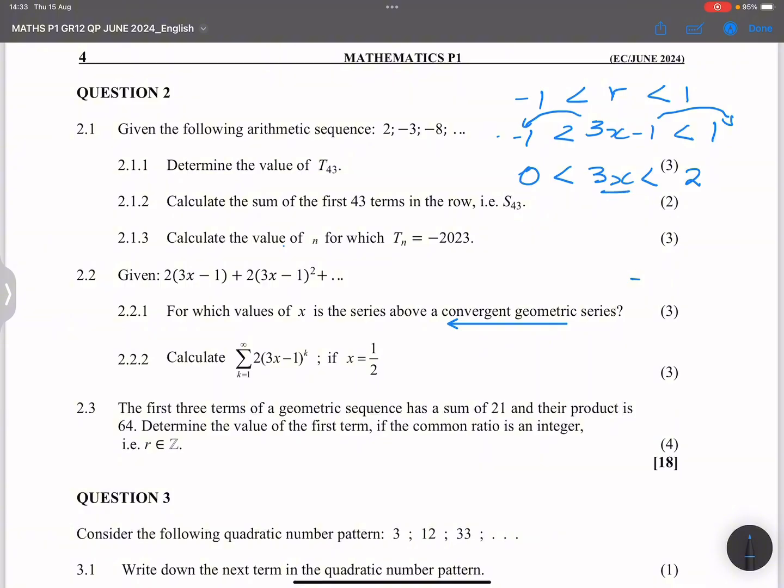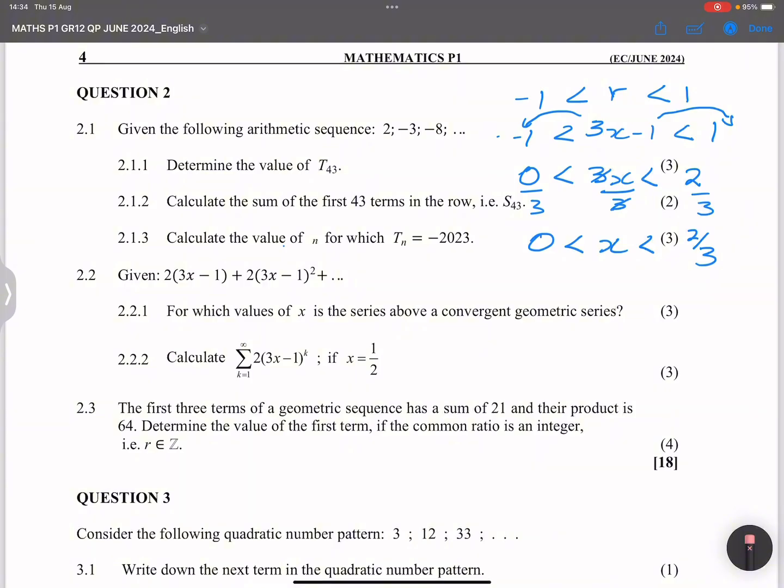Of course, I can divide all the sides by 3, so that cancels. And so x must be less than 2 over 3, and greater than 0. All right, so that is how I will get this series to be convergent.